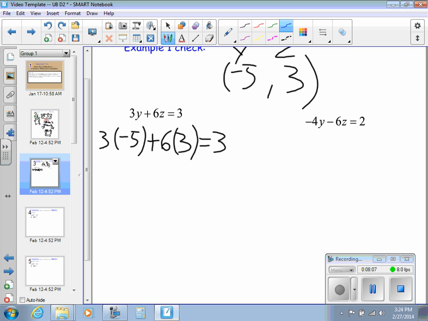So over here, I have negative 4y, whoops, back up, I'm supposed to be substituting. So negative 4 times negative 5 minus 6 times 3 equals 2.